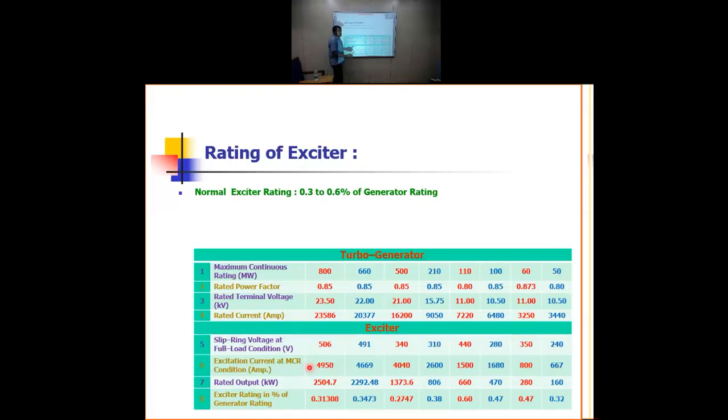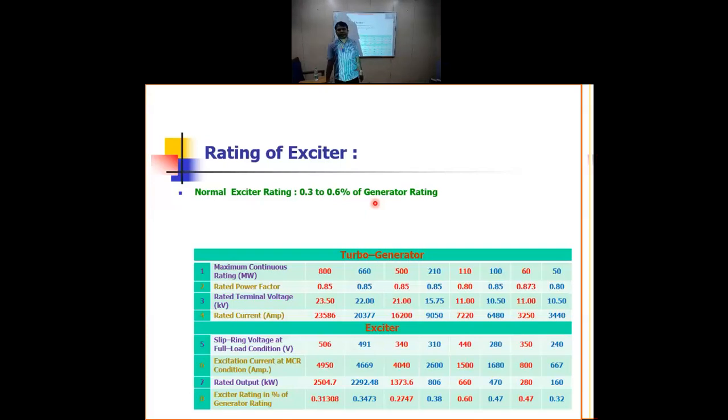Multiply these two, you will get some watt. Divided by 800 megawatt, you will get this percentage, 0.31308. Similarly, 491 volt into this 4669 ampere, you will get the wattage rating of the exciter. Divided by 660 megawatt, you will get 0.3473%. That means the normal exciter rating is 0.3 to 0.6%. That is a standard practice.